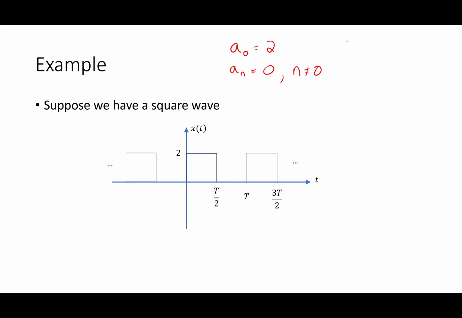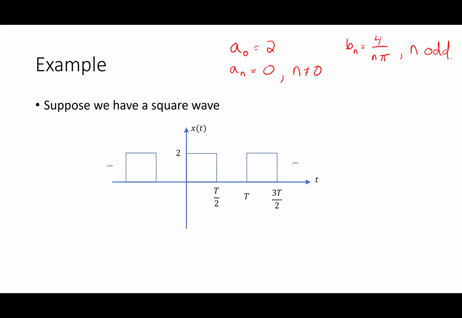And the B sub n values were equal to 4 over n pi for n odd. That's what I did in my little MATLAB example. I knew that because I knew how to calculate those things from those formulas.